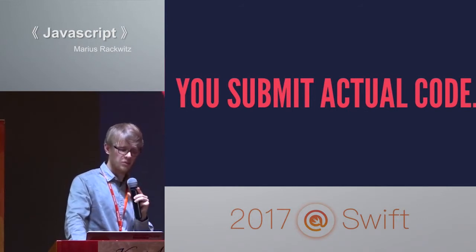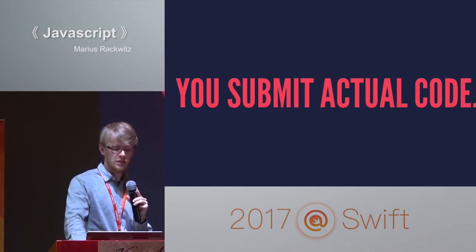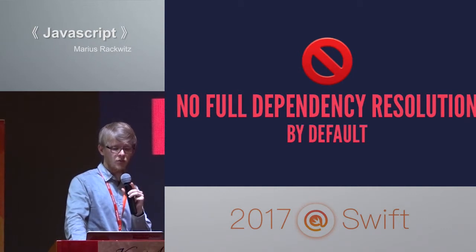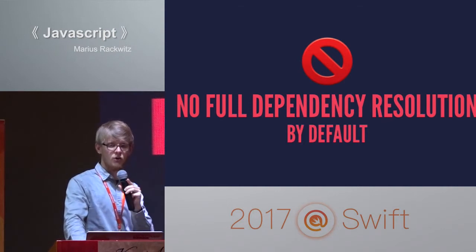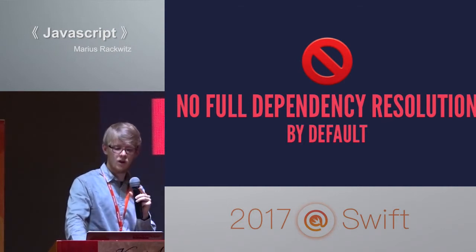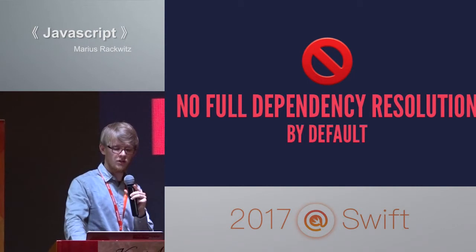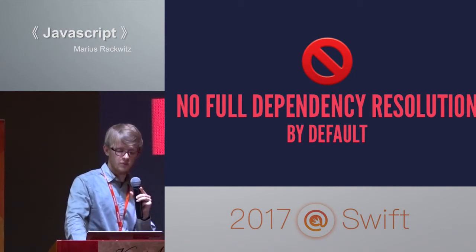Important when working with it yourself: NPM doesn't do full dependency resolution by default. And that can lead to some pitfalls, but also has some advantages in how moving forward with development of libraries.